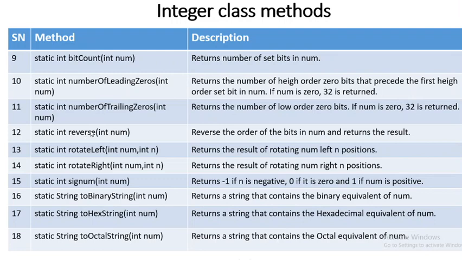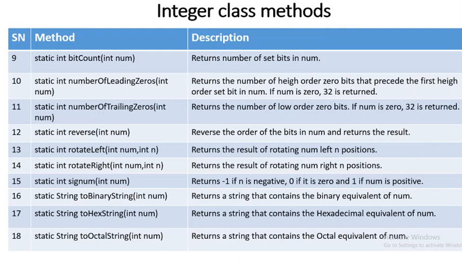Int reverse, with argument int num: it reverses the order of bits in num and returns the result. Let us consider the number is 6. The binary format will definitely be a 32-bit pattern, but for example I take only 4 bits. So if the integer number is 6, the binary conversion will be 0 1 1 0.